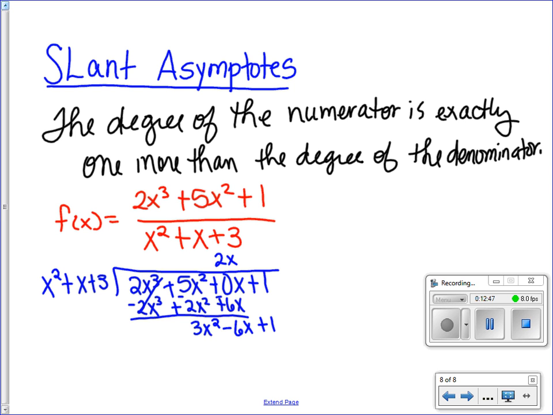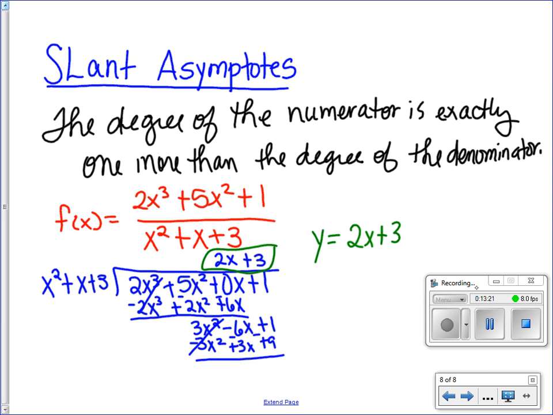Okay. What times x squared gets me 3x squared? 3. So make sure it cancels out, and you're done. Okay, there is a remainder, but this right here, y equals 2x plus 3, is your slant asymptote.